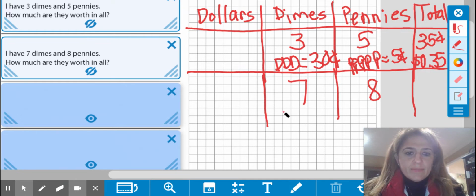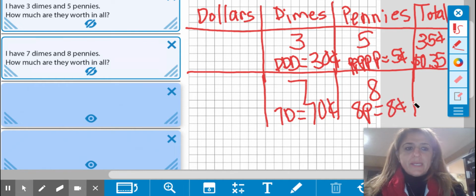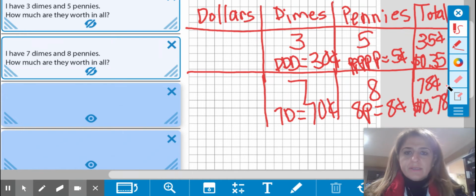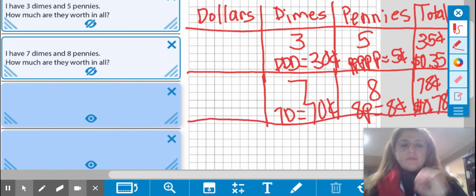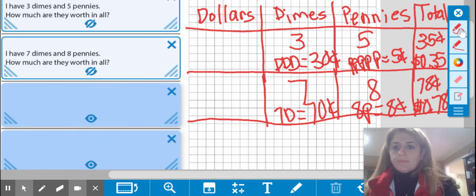So 7 dimes equals 70 cents. 8 pennies equals 8 cents. 70 plus 8 equals 78 cents, or $0.78. Just like that. All right, you could put a line underneath. And let's take a look at the next problem.